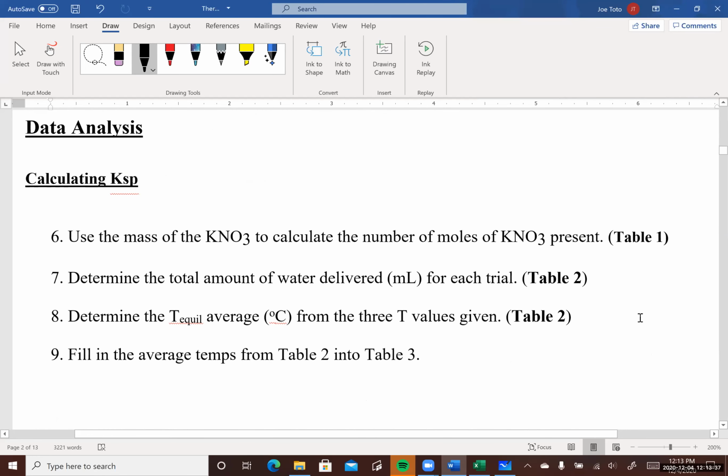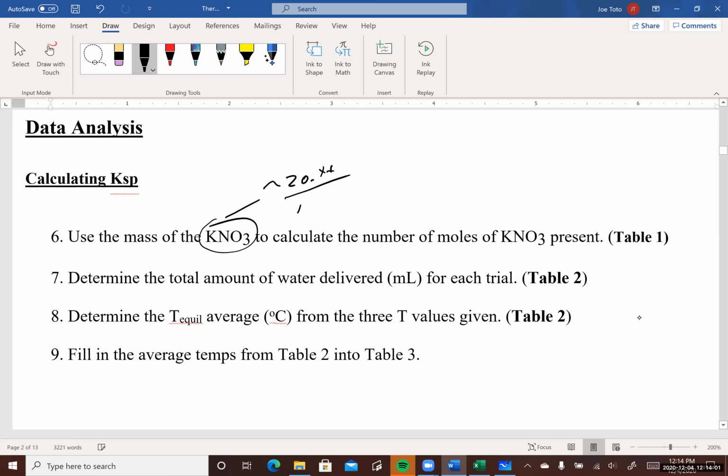Okay, moving right along, use the mass of potassium nitrate to calculate the number of moles, and that's in Table 1, the Excel spreadsheet file that was also supplied to you. The mass in that Excel spreadsheet is around 20 grams, right? It's 20 point something. So you can figure that out.